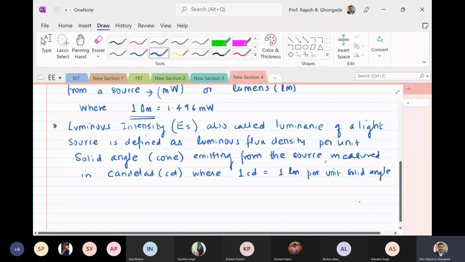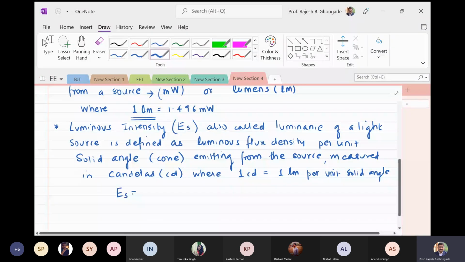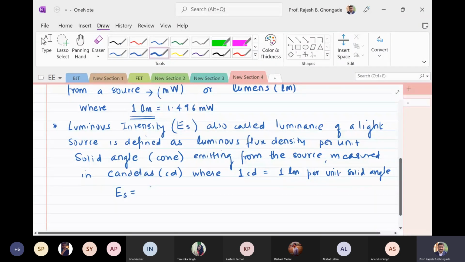Of course, this is assuming that there is a point source and that illuminates equally, evenly in all directions. So we have ES, it is the luminous intensity as phi of S.